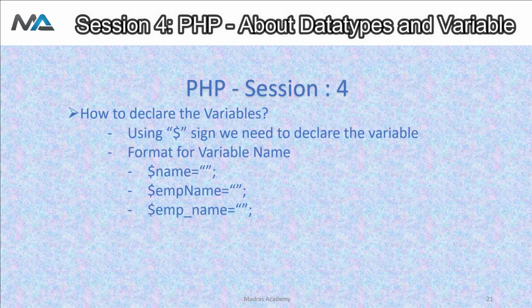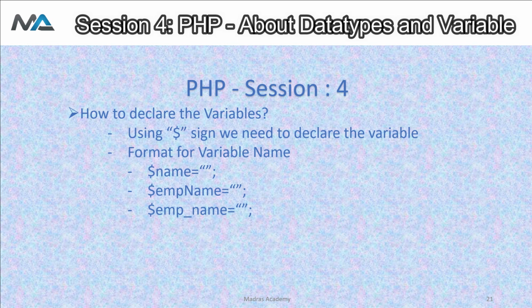Without that, if you consider dollar symbol x equals 20, what is that x? Is x a value, or age, or date? We are not able to identify it, right? So whatever variables we plan for our code, you need to give a proper variable name.